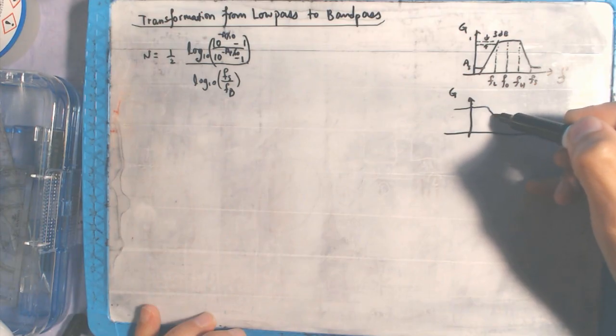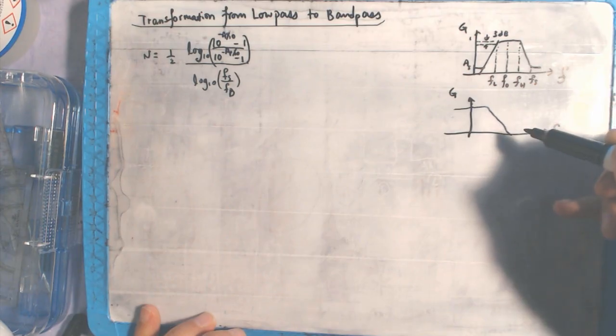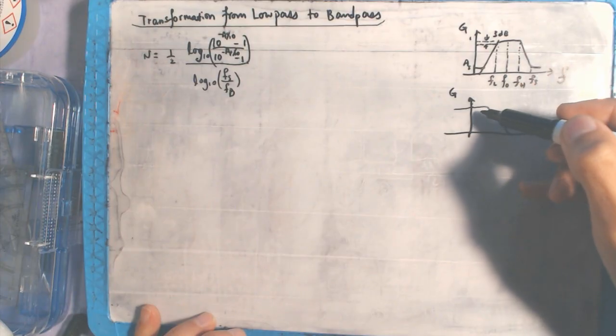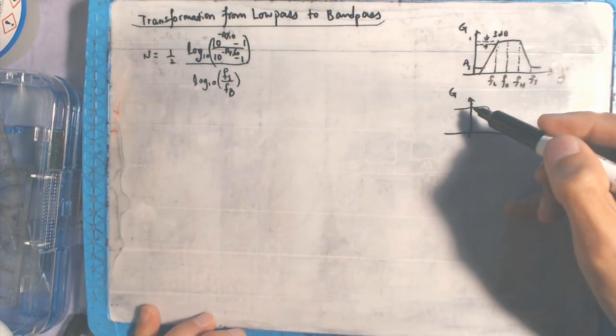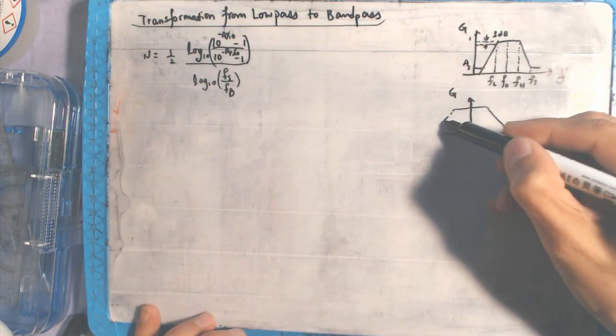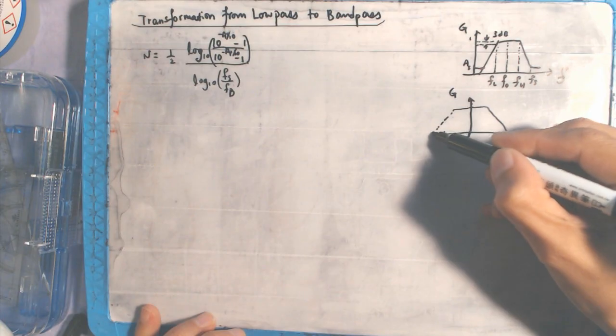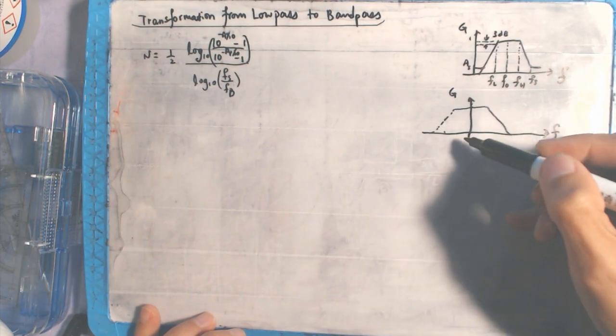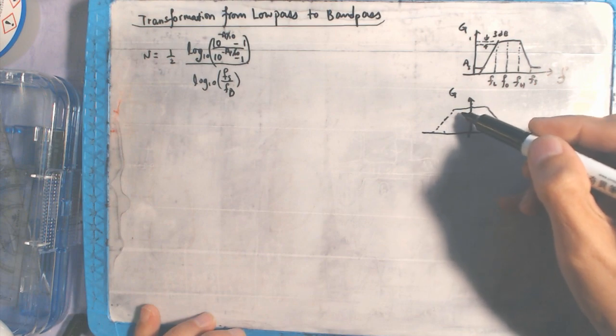The so-called bandpass filter, so-called low pass filter, is actually this one together with an imaginary left side of the pass band.